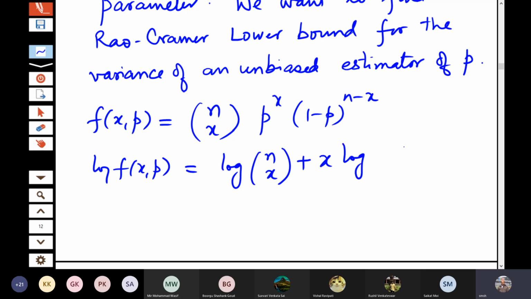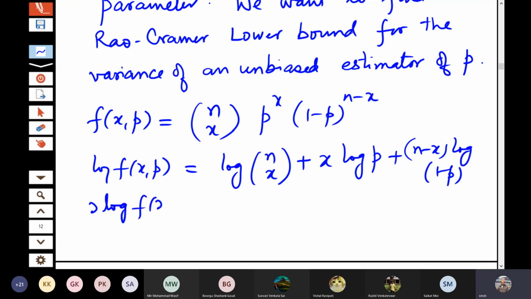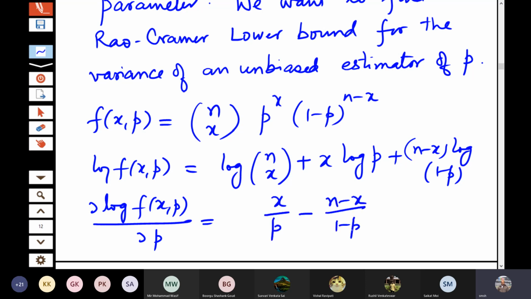So if you are seriously doing the course and doing the evaluations, then you will find things very comfortable, because the properties that you prove for one of them can be utilized for others. So this is x by p minus (n minus x) by (1 minus p). Exactly this term we calculated as the log likelihood function, and then the differentiation we had done, so exactly this term had come here.